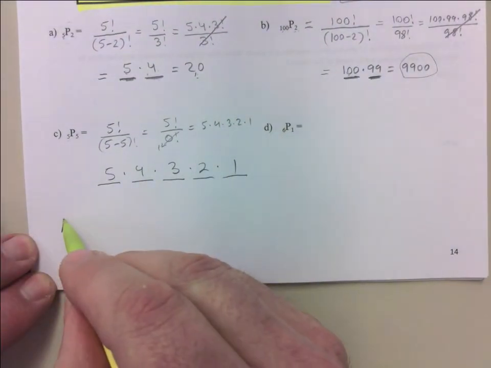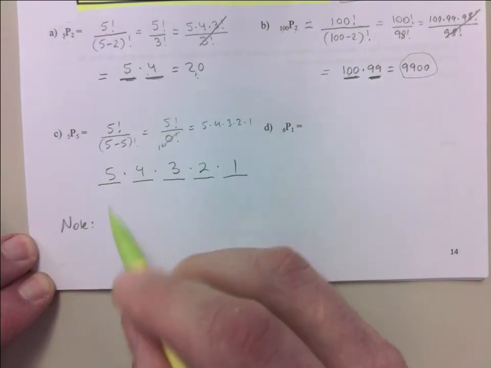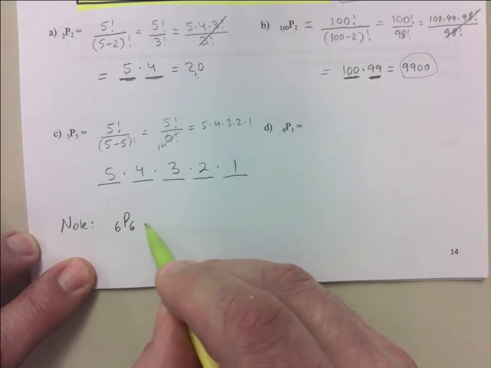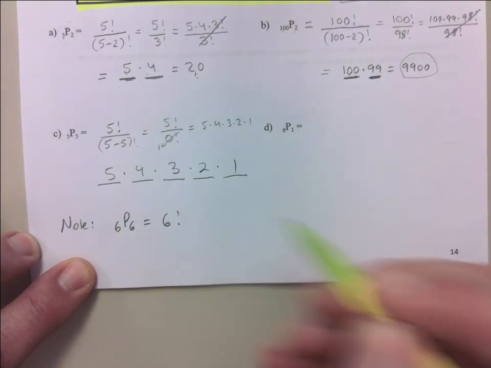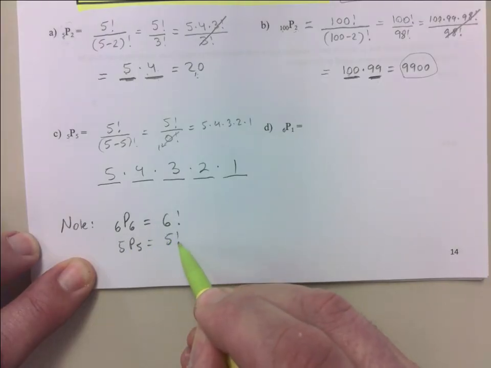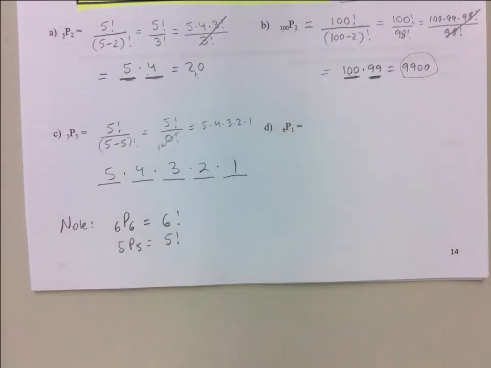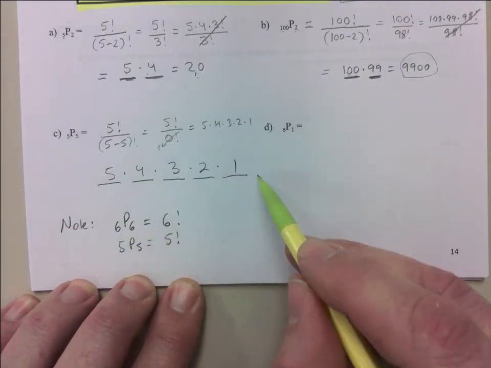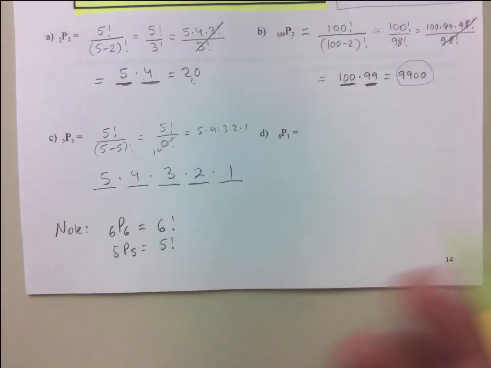So a note here. 6 pick 6 is the same thing as 6 factorial. 5 pick 5 is the same thing as 5 factorial. Like you're using all of them. Okay? And that's just a note. We're not just picking 2 at a time or 3 at a time.